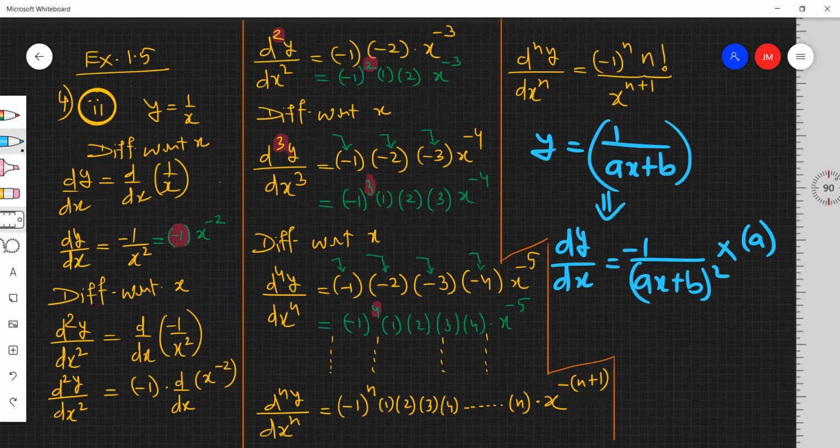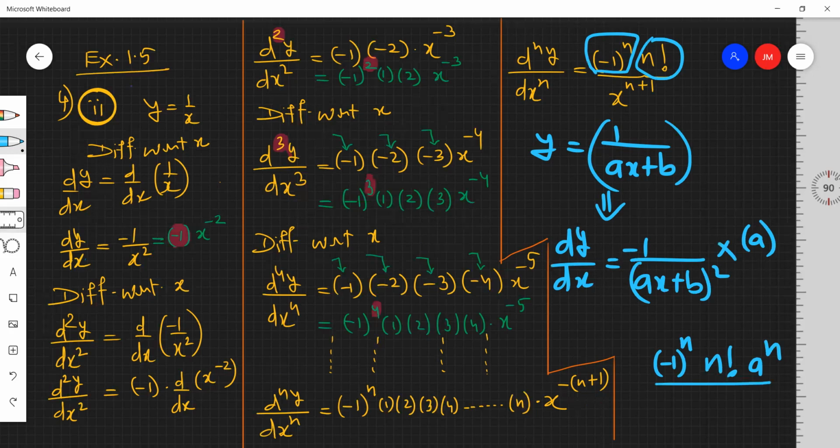Since you will get this a every time, in the nth order derivative you will have a raised to n. You will also have minus 1 raised to n. You will also have n factorial.